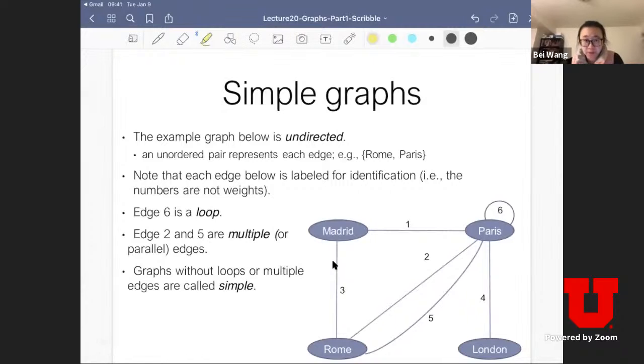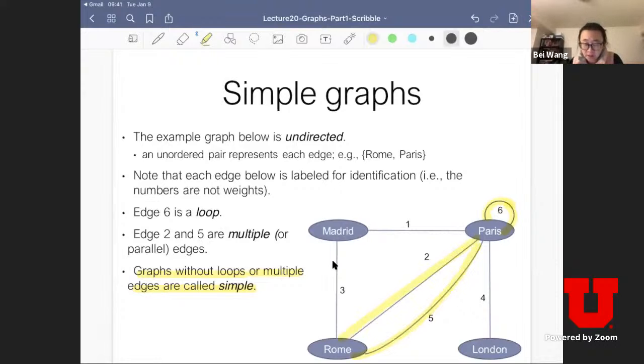There's an example regarding what's called a simple graph. A simple graph is one without loops or multiple edges. The picture shown on the right-hand side is actually not a simple graph, because we have a self loop, and between Paris and Rome there are multiple edges.